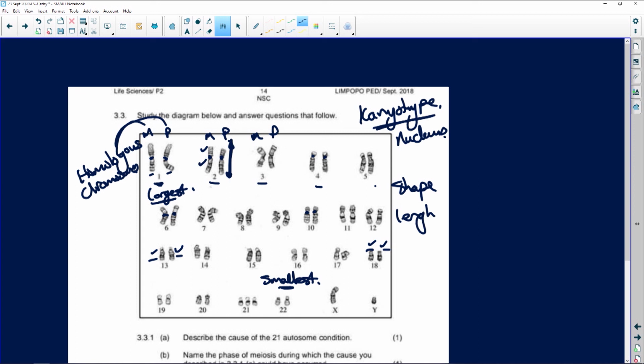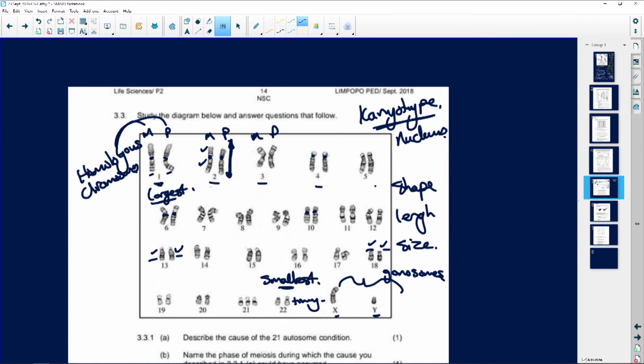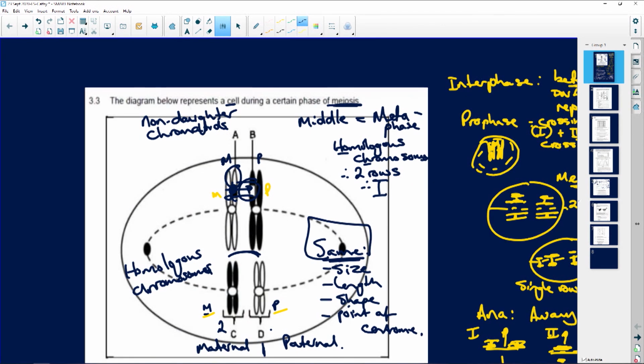the same size. I mean, these are big, and these are tiny, tiny little ones, except for these two. Now, these two here are not homologous. Why? Because that's an X and that's a Y, because they are the gonosomes, or the sex chromosomes. All right, let's go back to our original question.